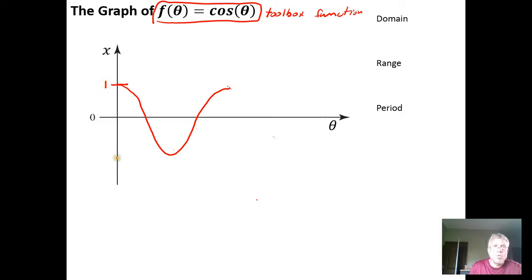It goes from 1 to -1 because it's the cosine function, and it does it in 360 degrees, or 1 revolution around the unit circle. And these key points, the high points, the low points, and the zeros, all are multiples of 90 degrees, or pi over 2 radians. So this is just 90 degrees, this is just 180 degrees, this is just 270 degrees.